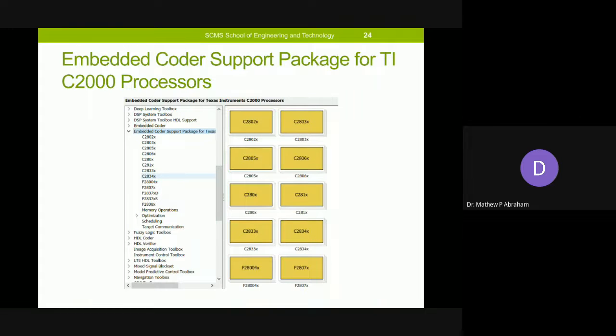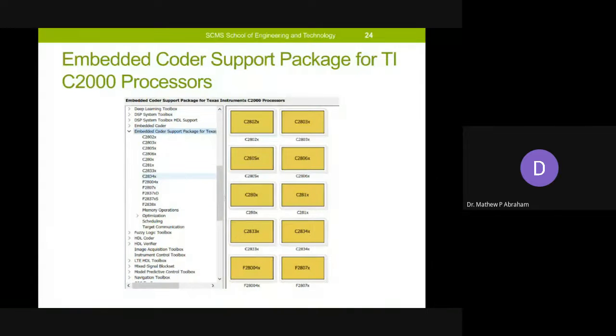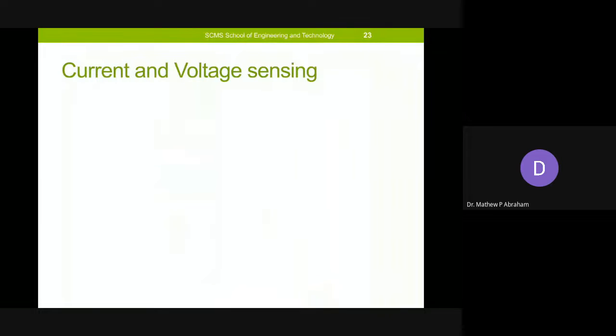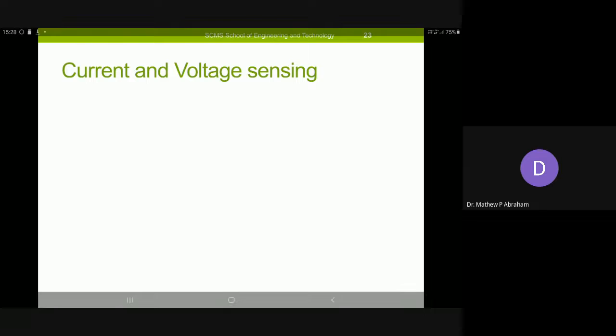So all the procedures are same. Right? Instead of this desktop environment, we have what is called an embedded target environment.